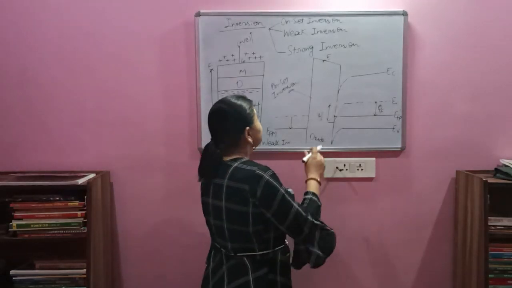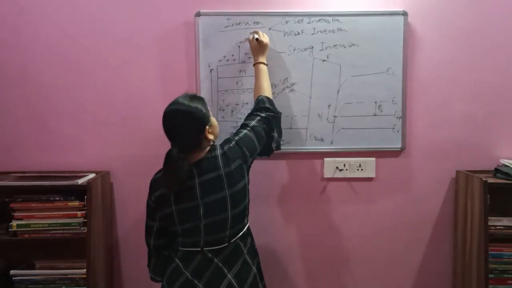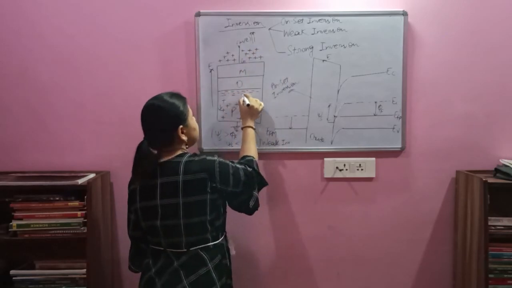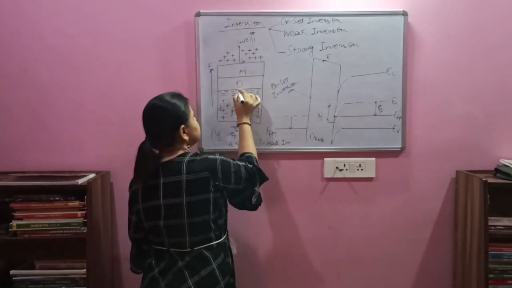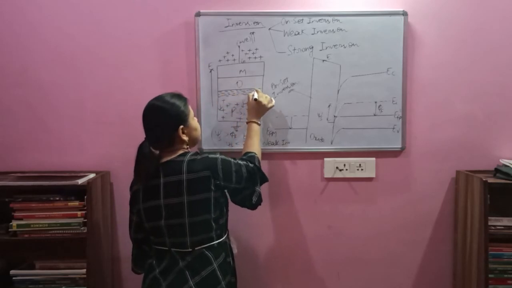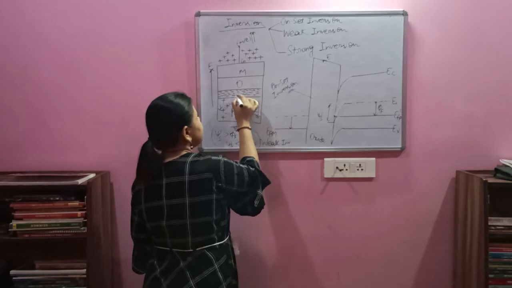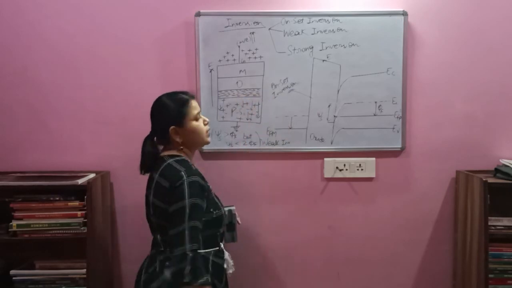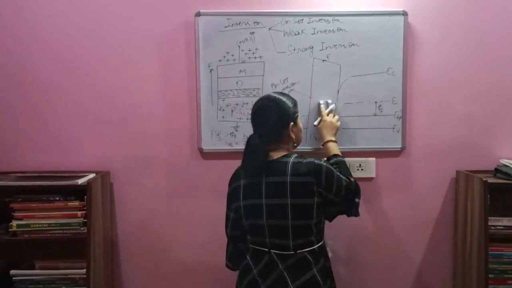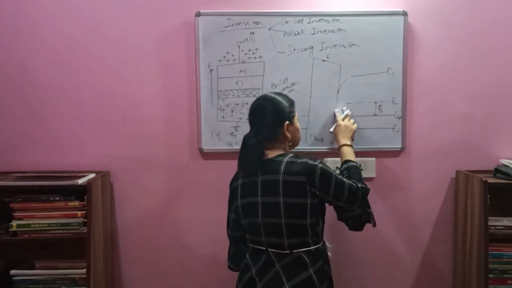And now again I am going to increase this potential. So the concentration of electrons, the minority carriers, in the interfacial region will be too high, and this will allow current conduction, and that state will be shown like this.